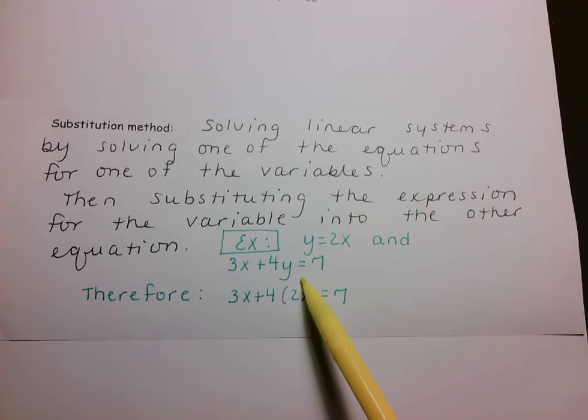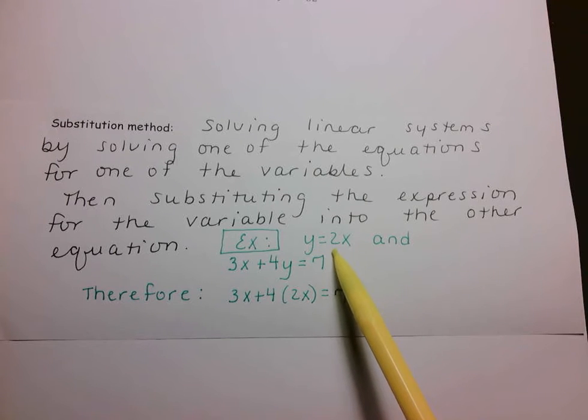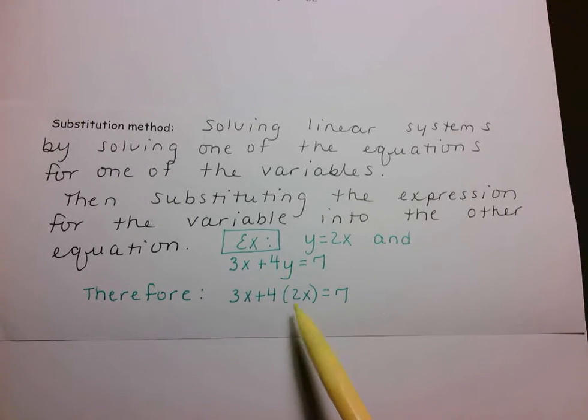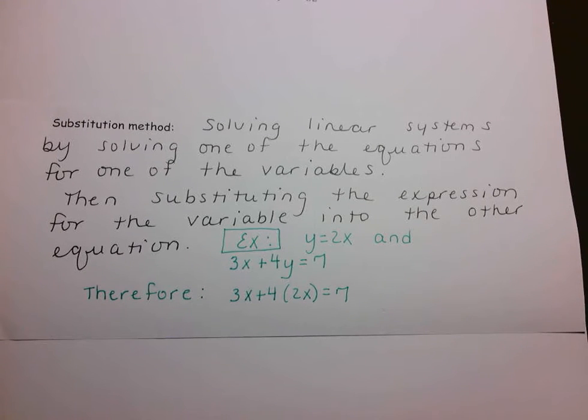So how do I figure out what that point of intersection is? If y equals 2x, then I can take 2x and plug that in for y. And so that's what I did here. Then I can solve for x. And once you know the x, you can then solve for y. So that's substitution, and that's what we're going to be doing today.